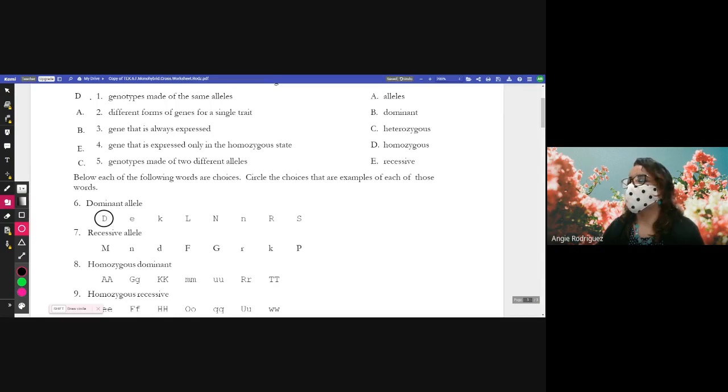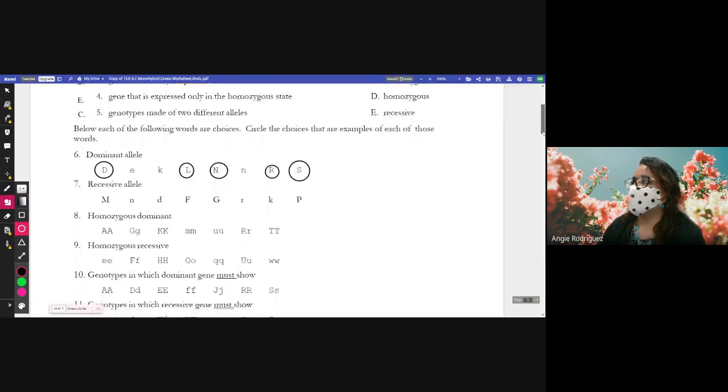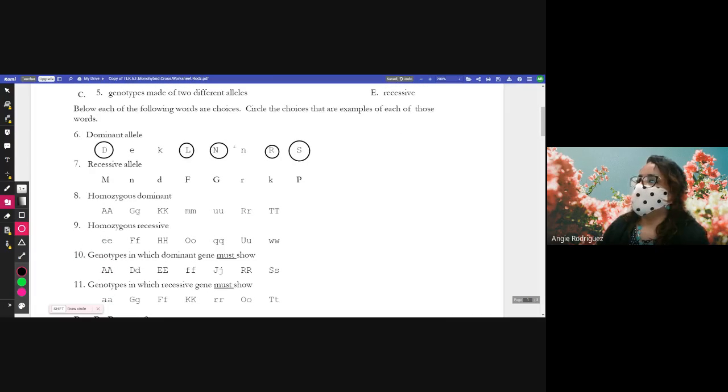And then what else? L, very good, or big L. I'm going to circle the big R as well. The N as well, you just missed that one right here in the middle. And the S, right here at the end. So all the other ones are small, and I said only capital. So that's it for number 6.